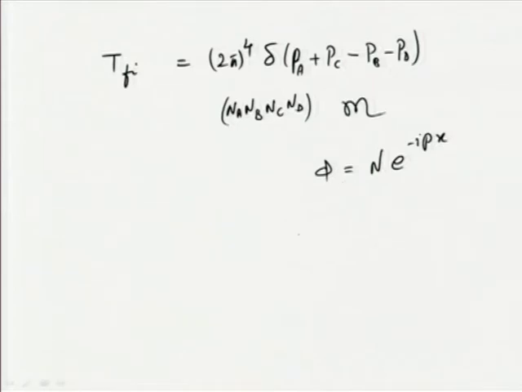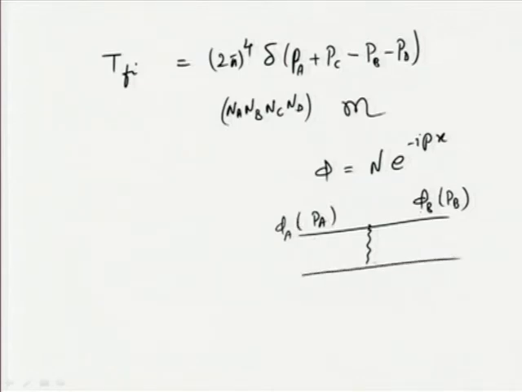So, there is an initial particle phi_a with momentum p_a coming in, which after interaction goes out as phi_b with momentum p_b, and it is interacting actually with another particle phi_c with momentum p_c, which goes to phi_d with momentum p_d. In this case each of the normalizations we consider as N_A, N_B, N_C, N_D. The invariant amplitude we had written down earlier.